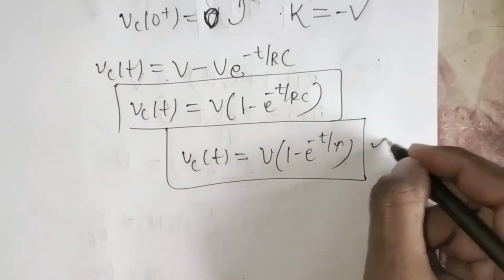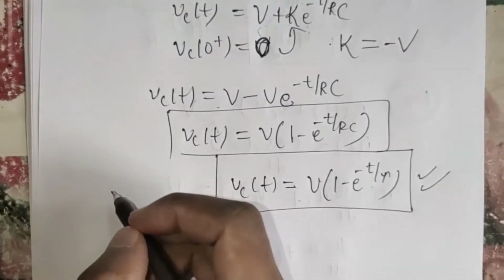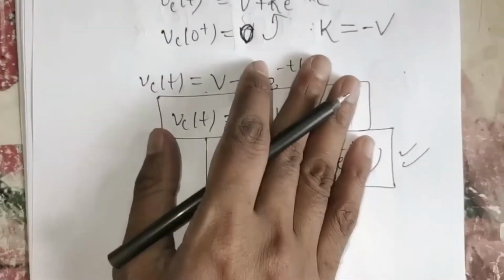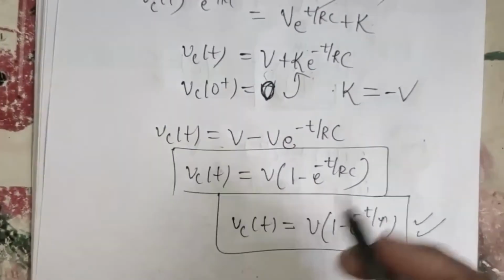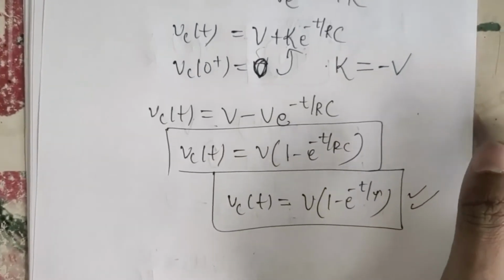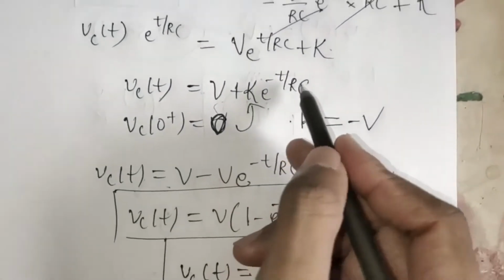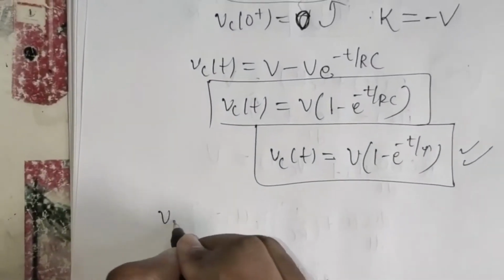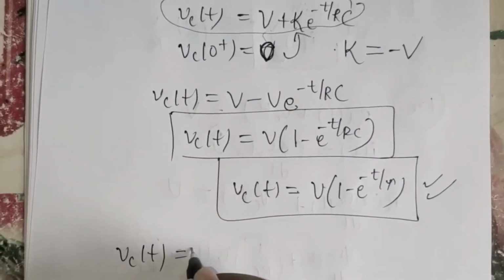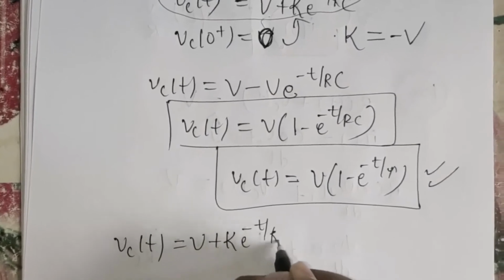But this expression is only valid when the initial condition is assumed to be 0. But in all cases it is not so. So let us try to derive a more general expression for Vc of t. So let us consider this expression, that is Vc of t is equal to V plus k into e power minus t by RC.